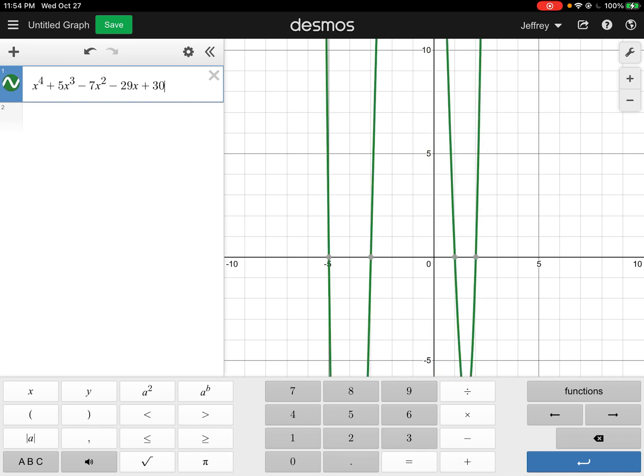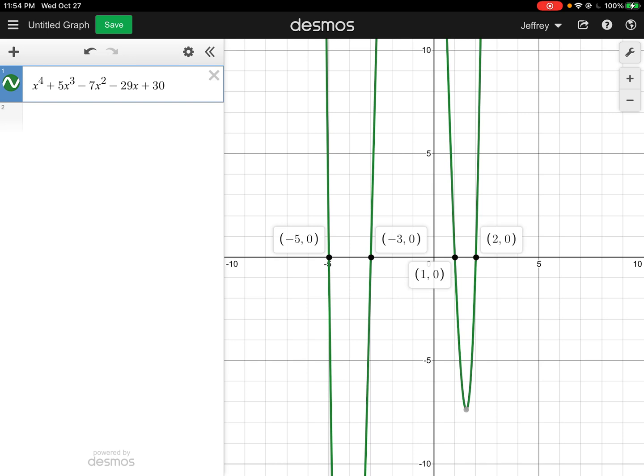And when I do this in Desmos, depending on what type of graphing calculator you're using, you can see the solutions. Now, the polynomial is of degree 4, so I should expect to find 4 solutions.